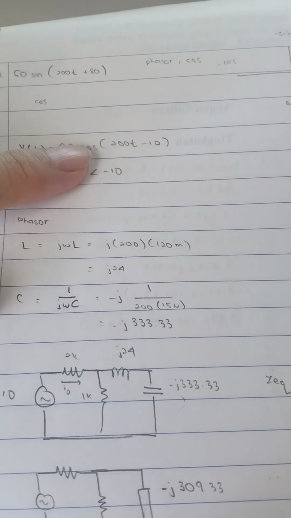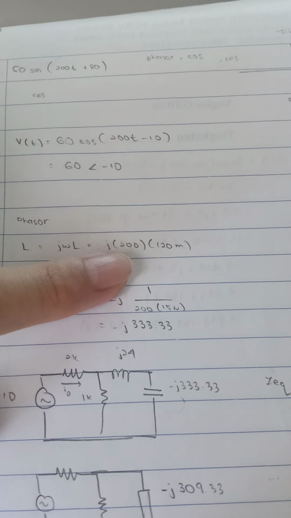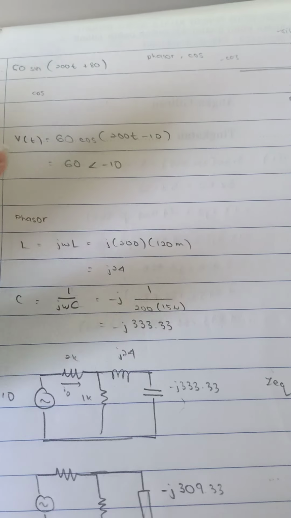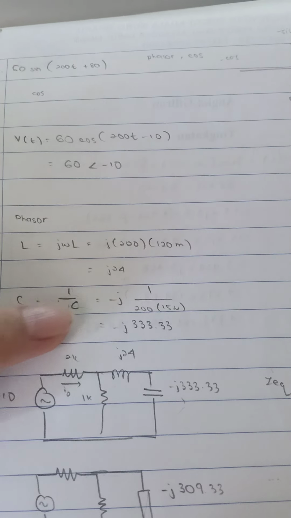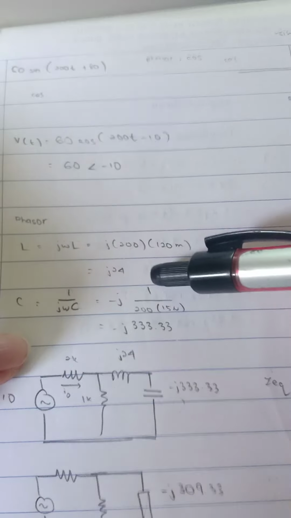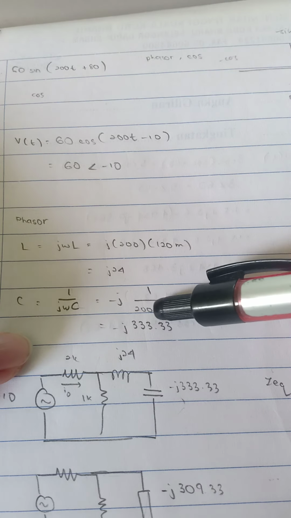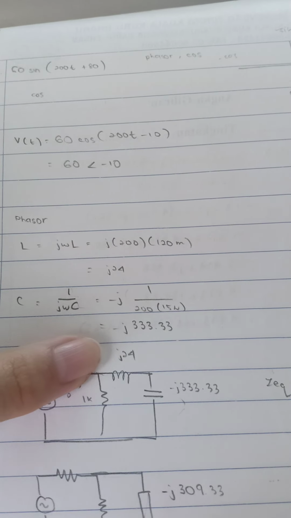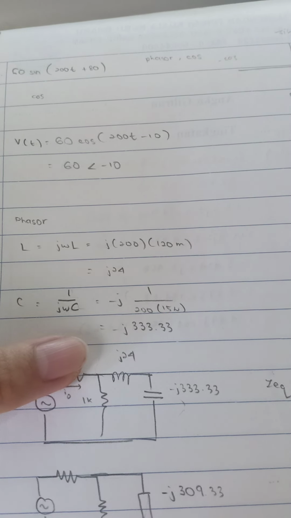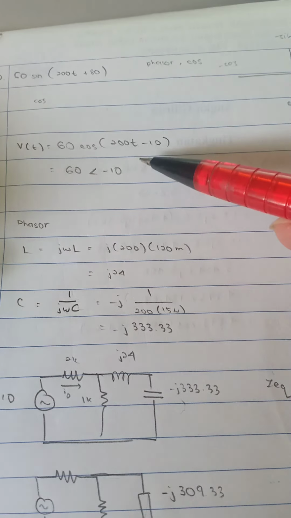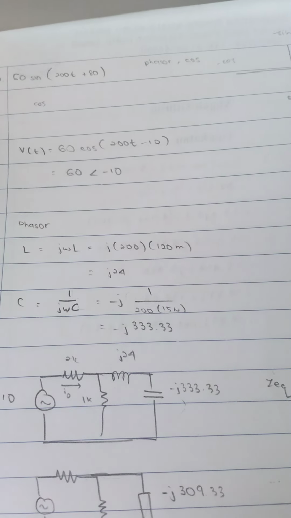So omega 200 times 120 millihenry gives 24j. For the capacitance, 1 over j omega C, where 1 over j is negative j, so 1 over 200 times 15 micro gives minus j333.33. So we have changed all three into phasor form.